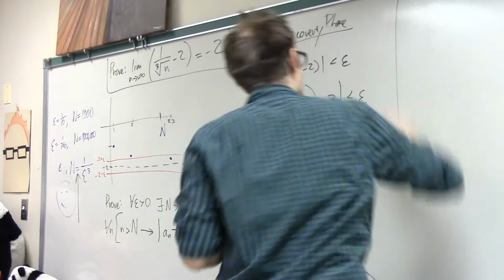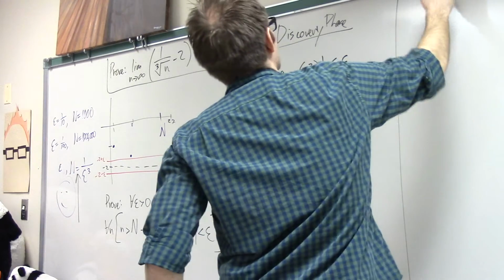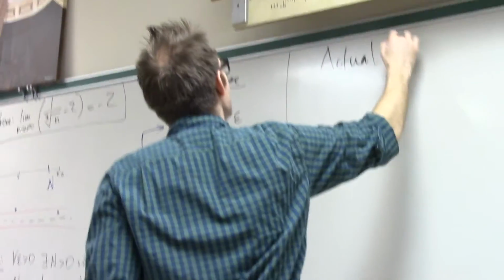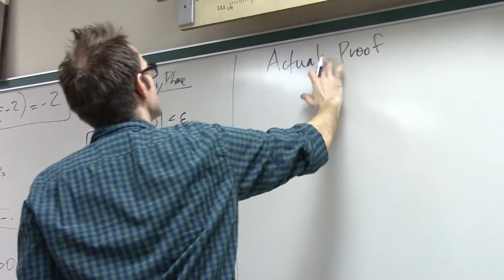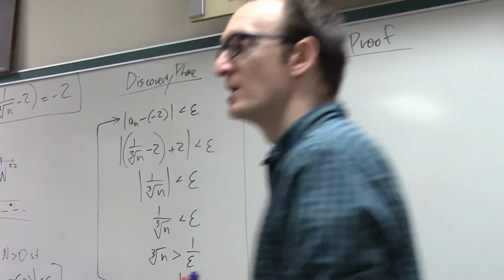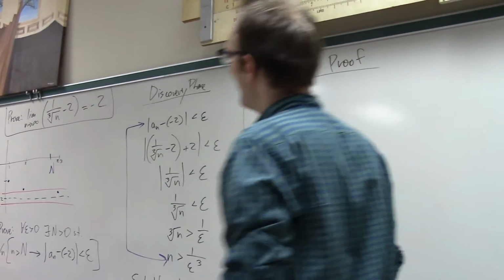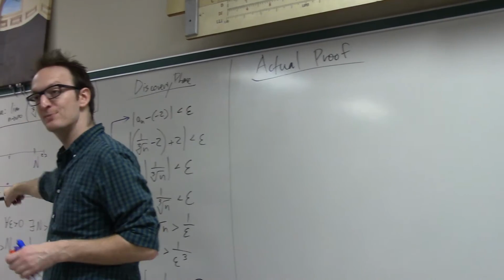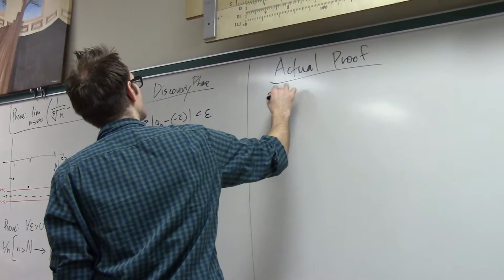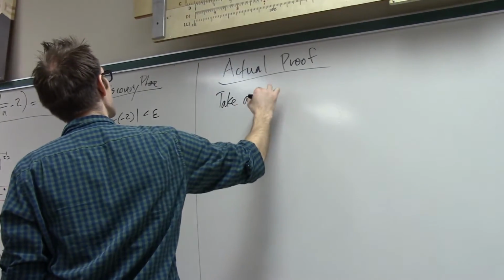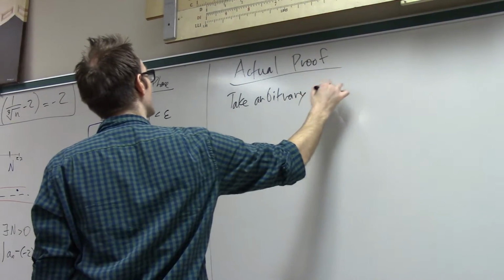Okay. So now we have to do the actual proof. In the actual proof, we're not allowed to write things backwards and kind of screw around and guess and hope. We have to actually do the proof. So the actual proof goes like this. I need to prove that for any possible epsilon, blah, blah, blah, blah. And so what we do is we're going to take arbitrary epsilon greater than 0.